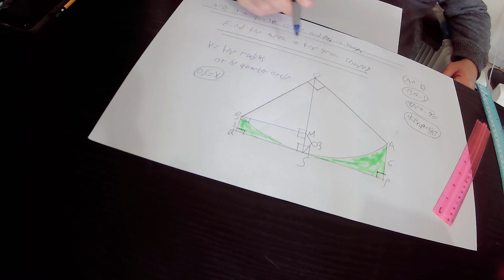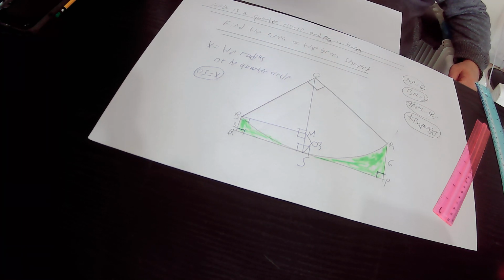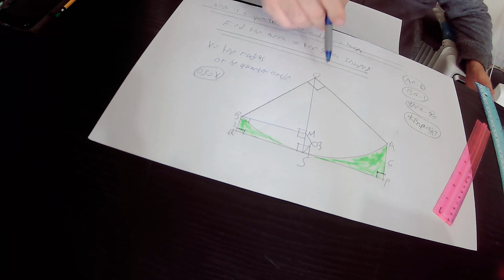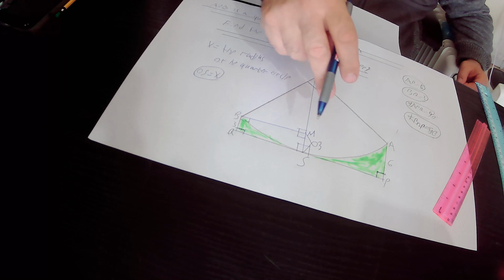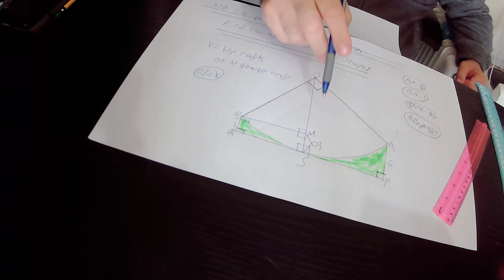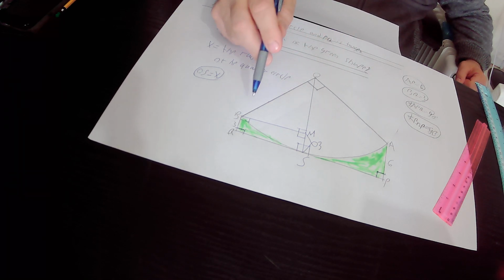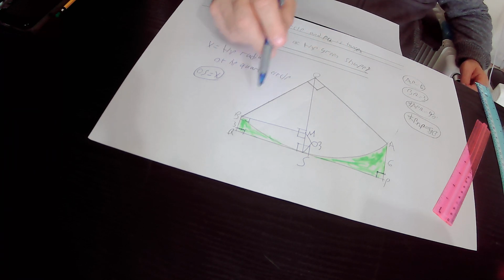OS is the radius of this quarter circle, equal to x units. So OS is a radius, it is absolutely a straight line. And MS is part of OS. And we know that MS is parallel to BQ.